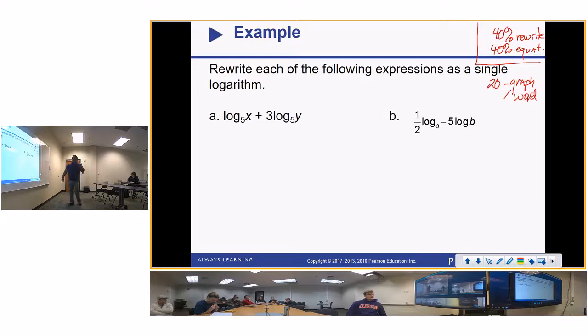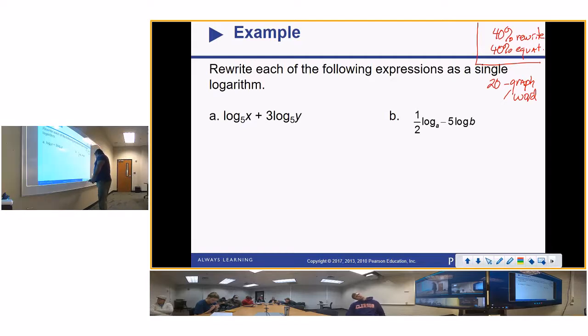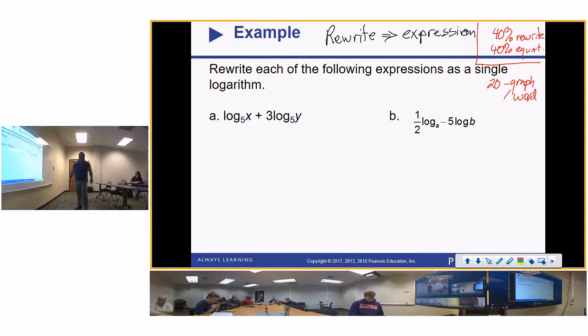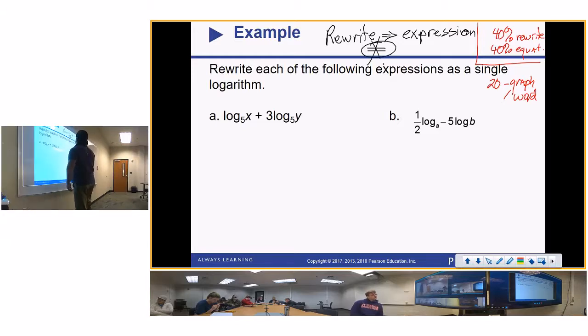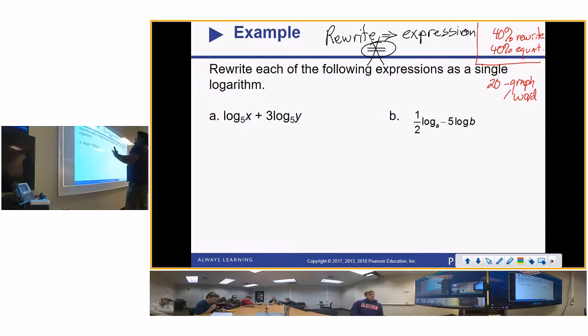Now, with rewrites, you do not solve. Why? Because rewrites are the same thing in your algebra days as what? Expression. You do not have a what sign? You don't have an equal sign. So the only thing you can do with an expression is either simplify or expand it. So these are rewrites.